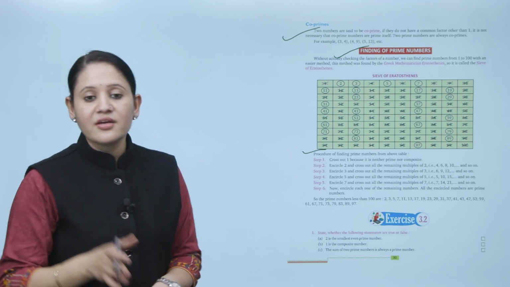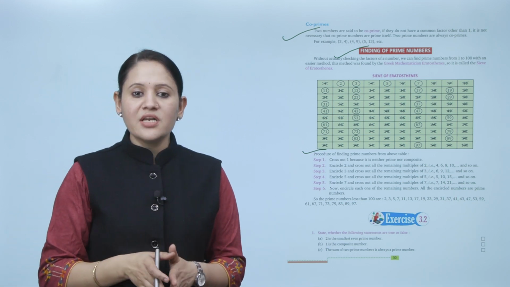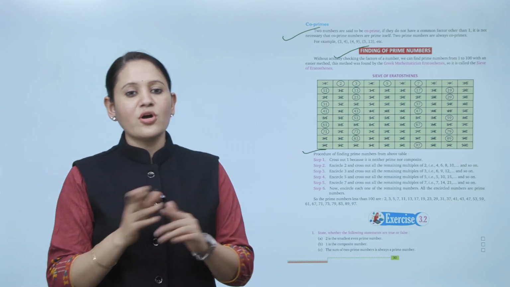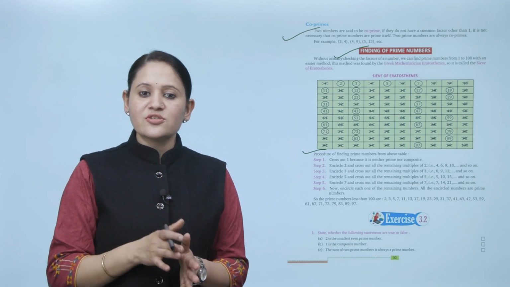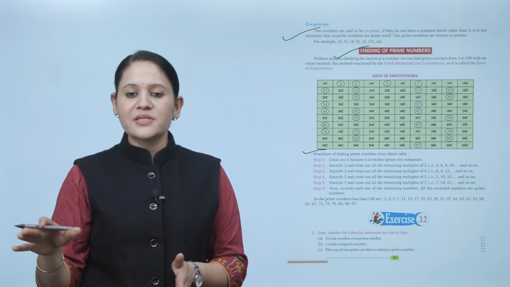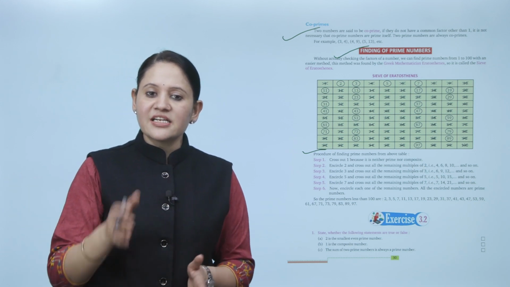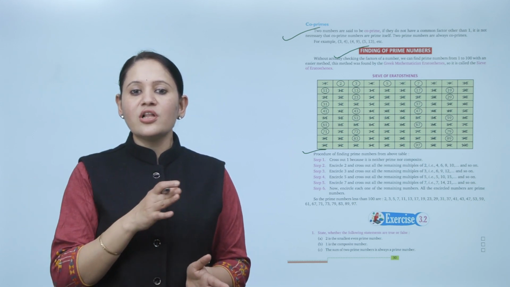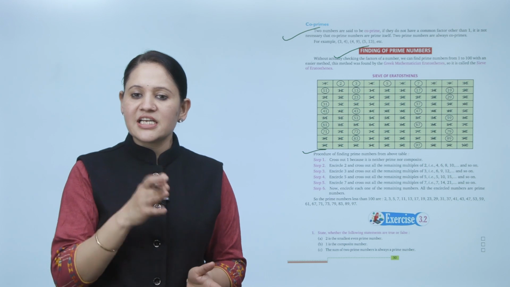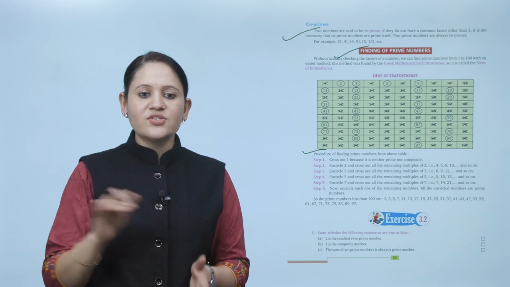Step 1. First, we'll cross out 1 because it is neither prime nor composite. Then encircle 2 and cross out all the multiples of 2 like 4, 6, 8, 10 and so on. Then circle 3 and cross all the remaining multiples of 3 like 6, 9, 12, 15 and so on.